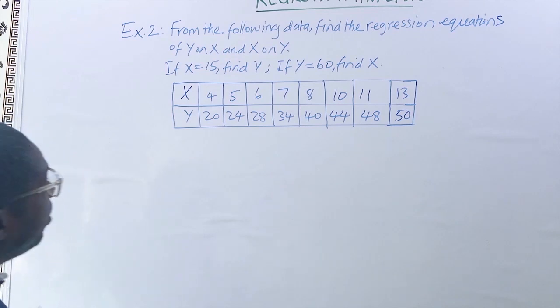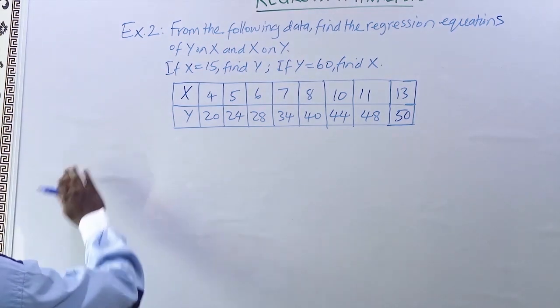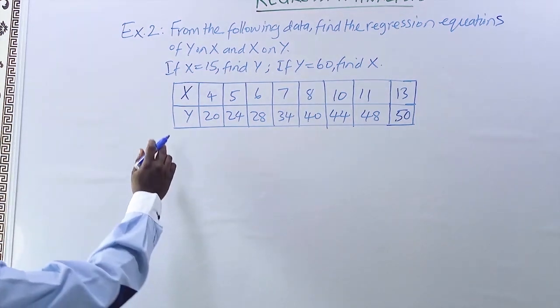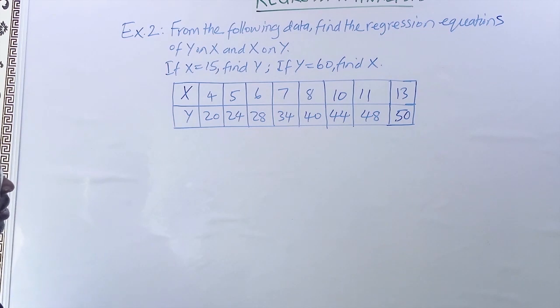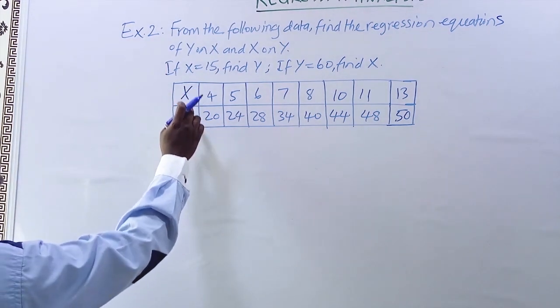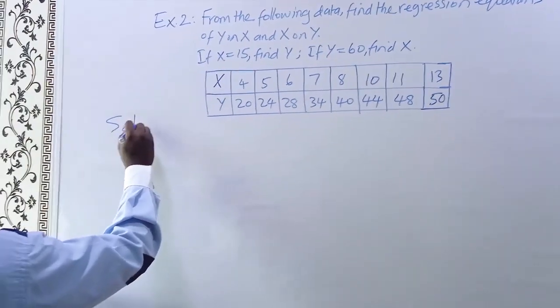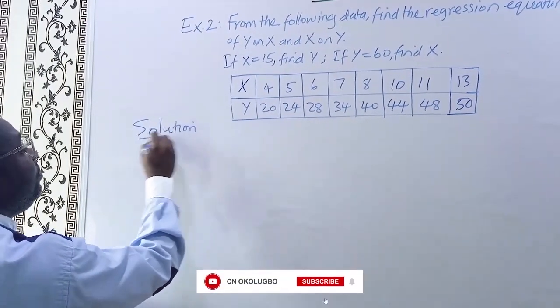Now, in solving this question, we need to determine very basically a few things, and those things include that we need to find the mean of X and the mean of Y. Let's solve that quickly. All right, solution here.